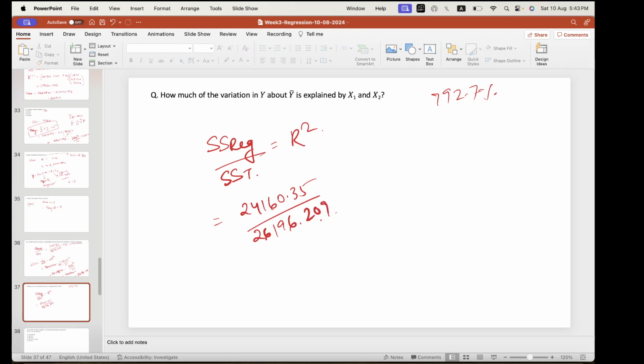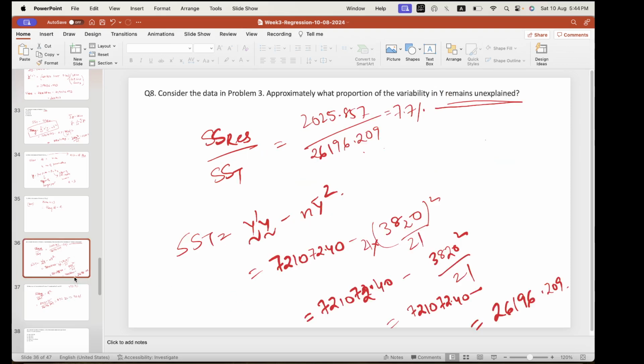So this is 24160.35 divided by 26196.209. Yeah, so this comes to 0.9222, so approximately 92.2%. Okay, some approximation errors here and there might have happened.